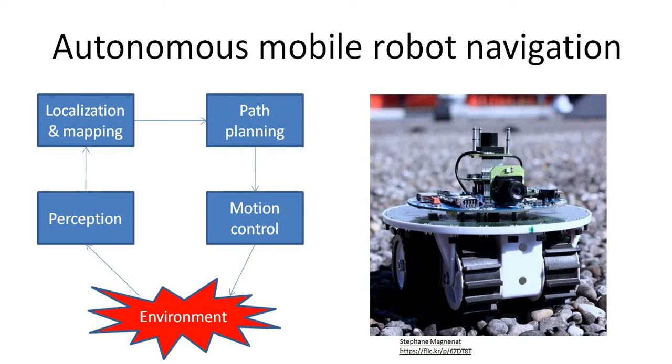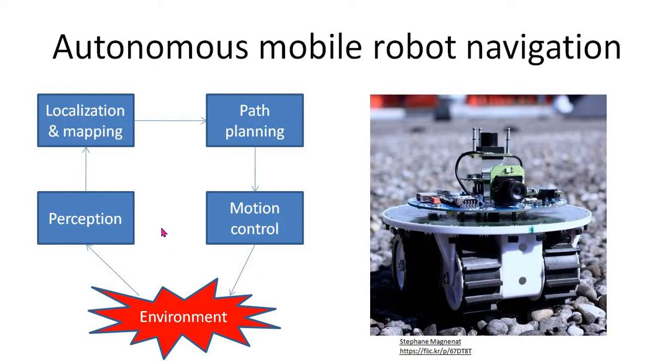Typically the robots that have to navigate autonomously should have very powerful perception. They should have very good cameras and other sensors, and then a powerful computer, an embedded system.